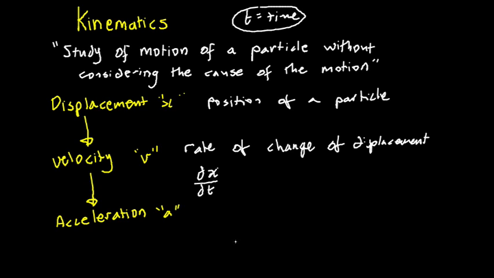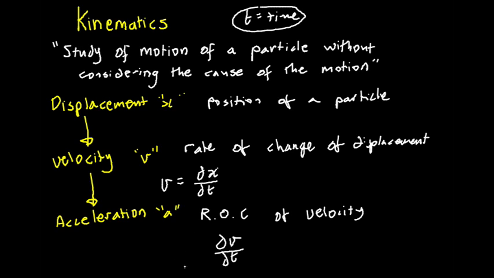Acceleration is the last one, and it's the rate of change of velocity. Essentially it's the same thing as the displacement, so the rate of change is going to be dv dt.